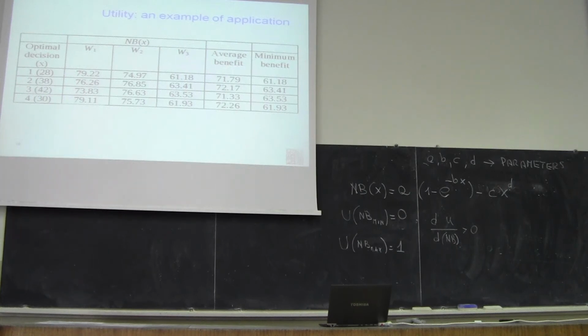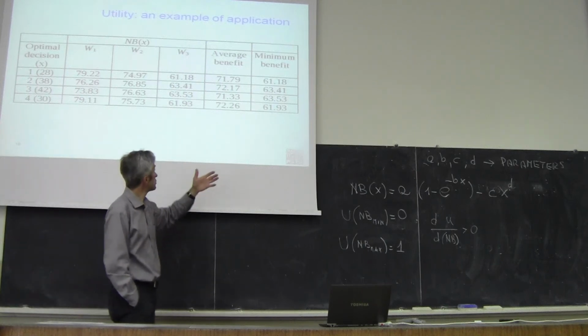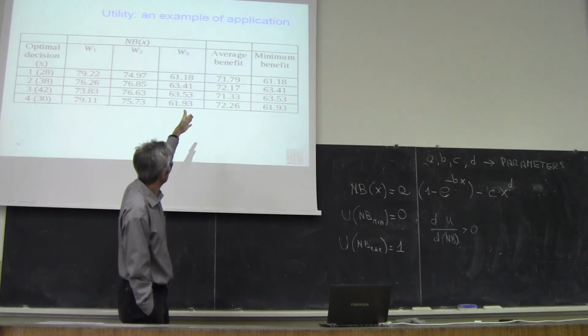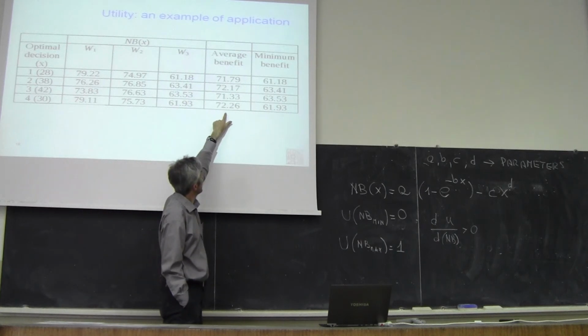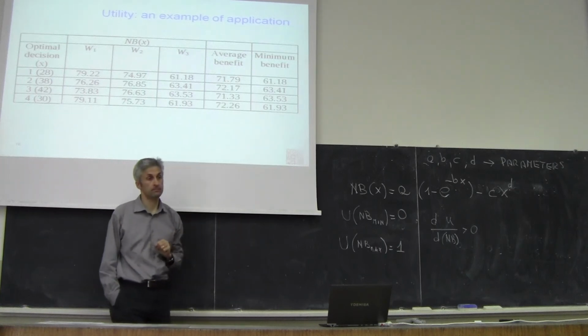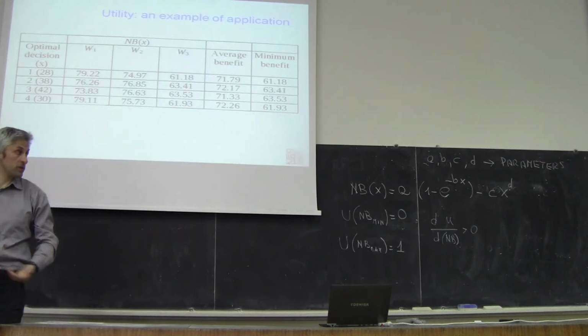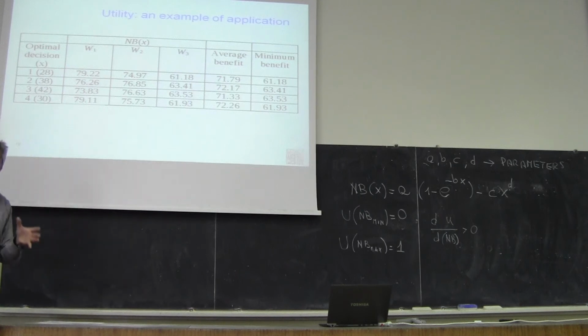Again. Perfect. Now, if we choose the maximum of the average benefit, what would you choose? 72.26. So the fourth solution, which doesn't correspond to any of the optimal solutions for the given benefit functions, would be chosen because it gives the maximum average.